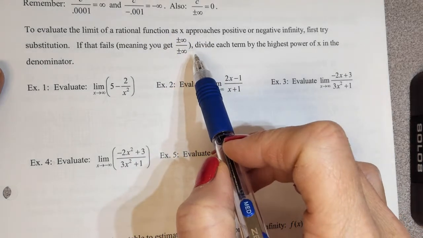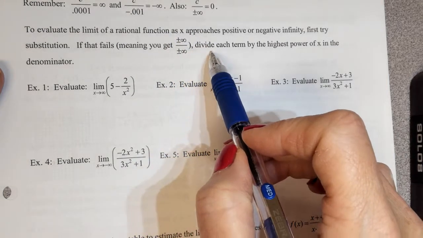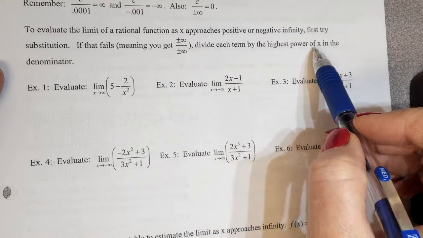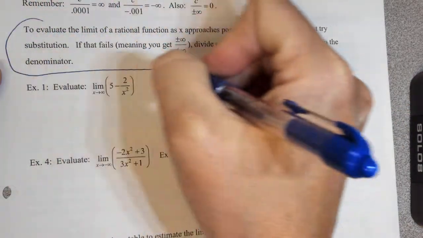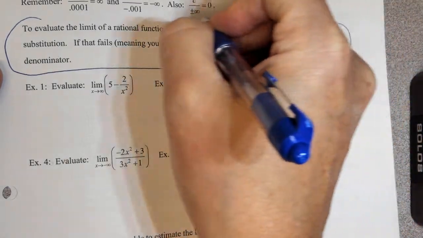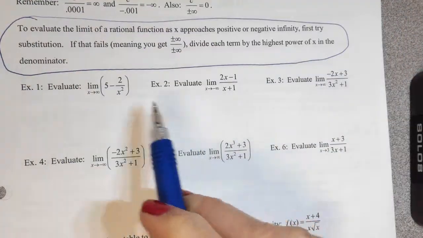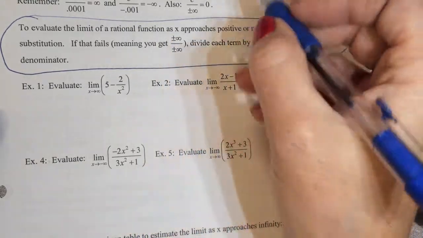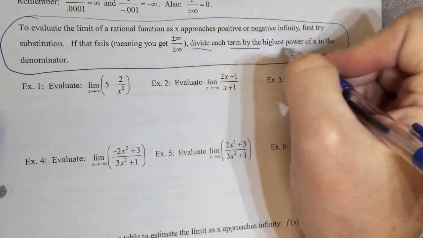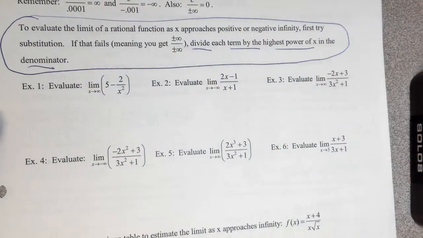But there's a specific thing we have to do, and that is divide each term by the highest power of x in the denominator. This is very important. So anytime we get infinity over infinity, we have to do more work, but this is what we have to do right here.